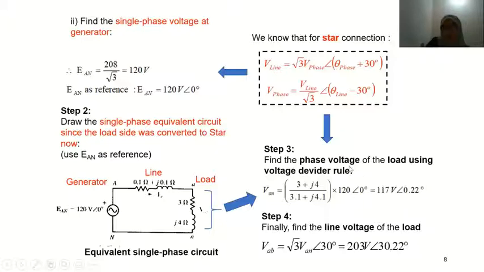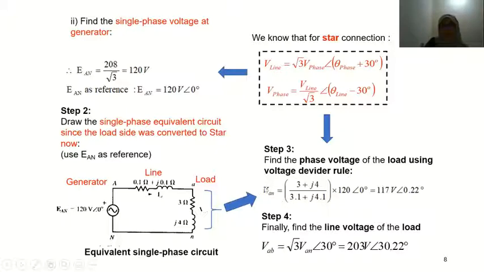After finding the phase voltage, because here we have the equivalent single phase circuit, by taking your EAN or phase A as reference, we just consider only one phase for the single phase circuit.